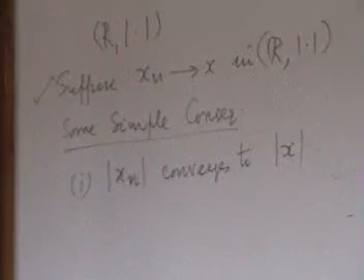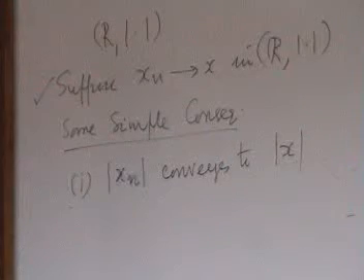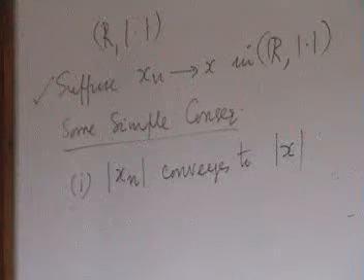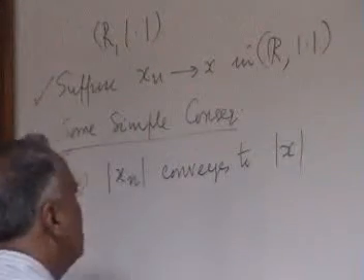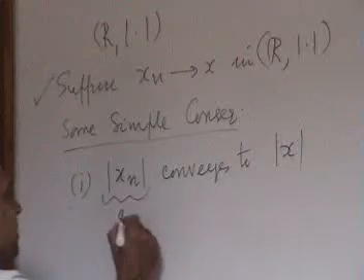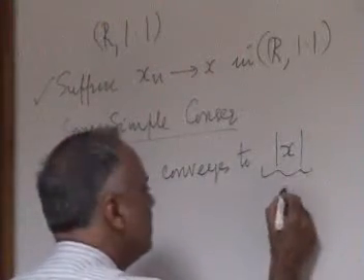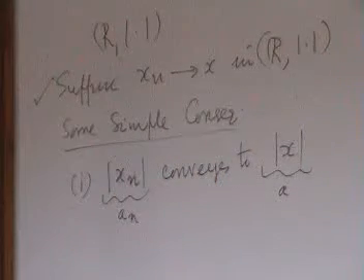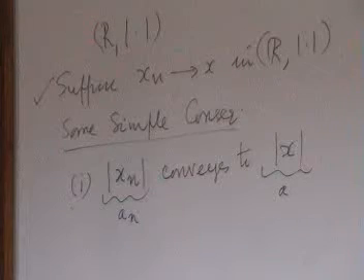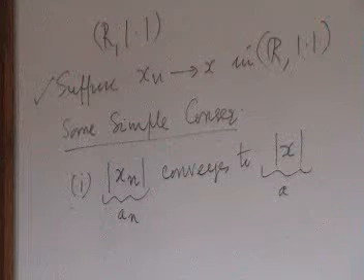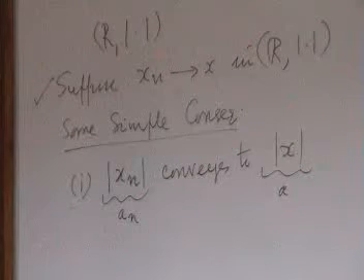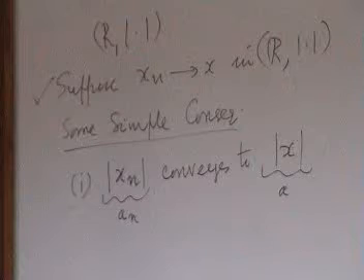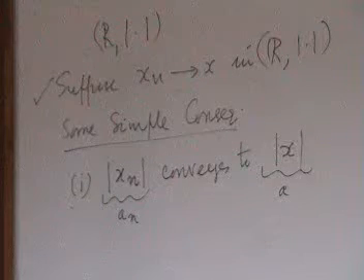The first consequence is that the absolute value of xn converges to the absolute value of x. Why does it happen? The triangle inequality is correct. Actually it's not just the triangle inequality, just a little one step more. Call absolute xn as an, absolute x as a, and we want to show that an converges to a. We want to show this: an minus a we must be able to make small.